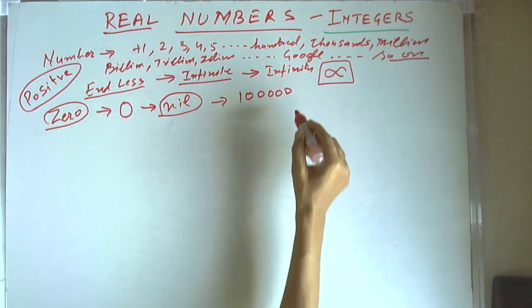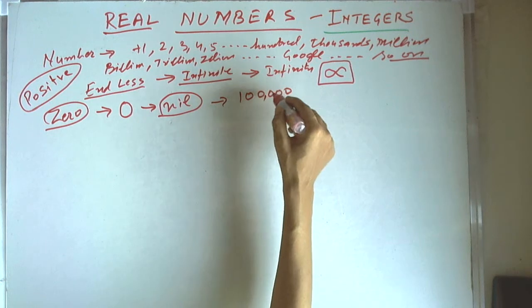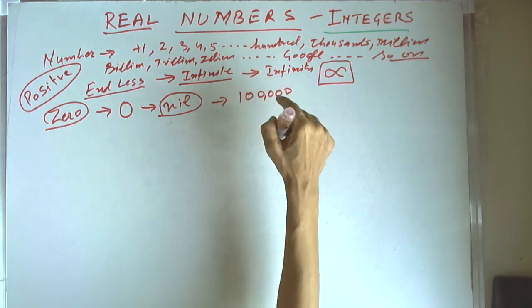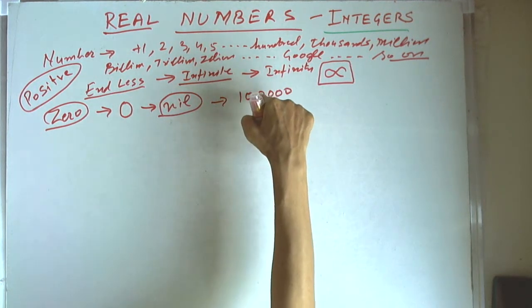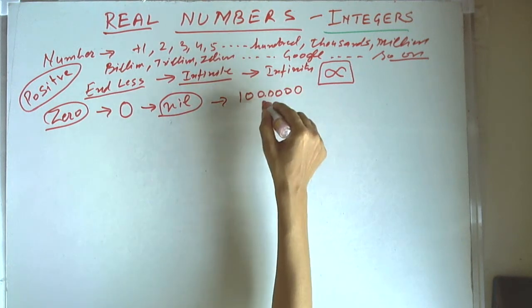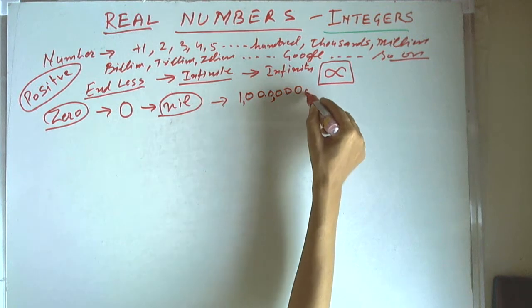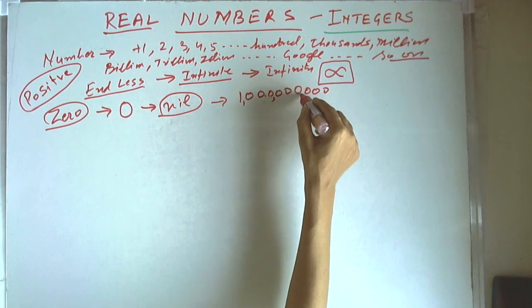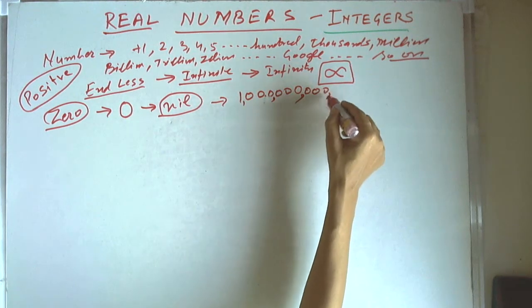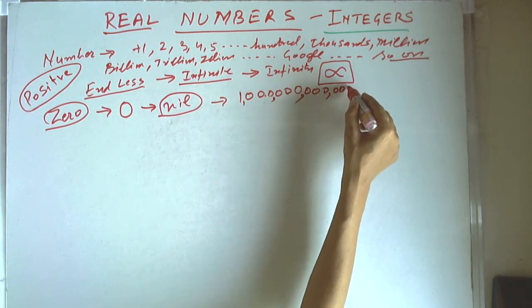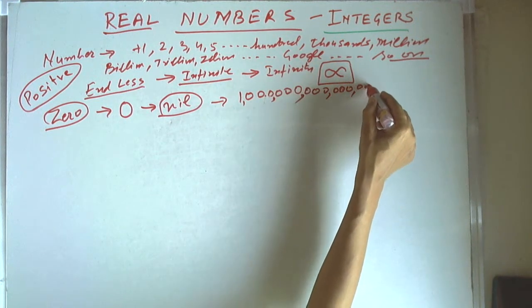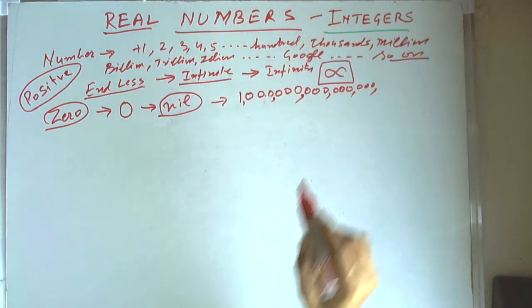If you put 3 more zeros, then it becomes a thousand. If you put 3 more zeros, this becomes 100,000. Put 1 more 0, then this becomes a million. Put 3 more zeros, then it becomes a billion. Then 3 more zeros, it becomes a trillion. Then 3 more zeros, it becomes a zillion, and so on.